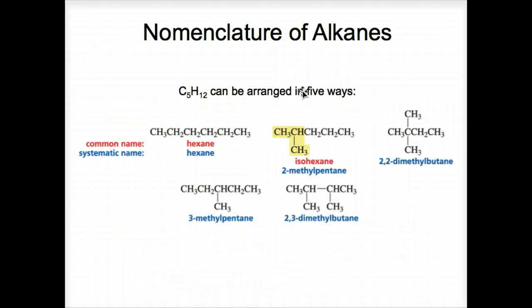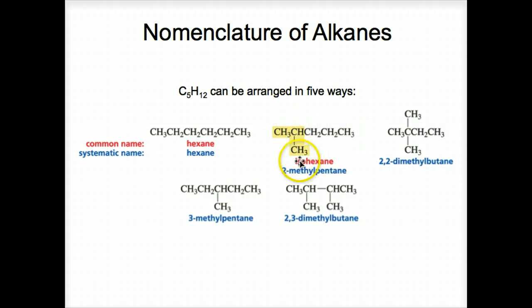Here is another slide with actually 6 carbons and 14 hydrogens. This should be corrected. C6H14. We have the common name of the compound and the systematic name given. And isohexane. I think you probably guessed that that's isohexane.